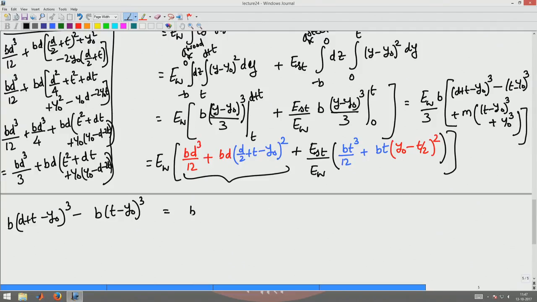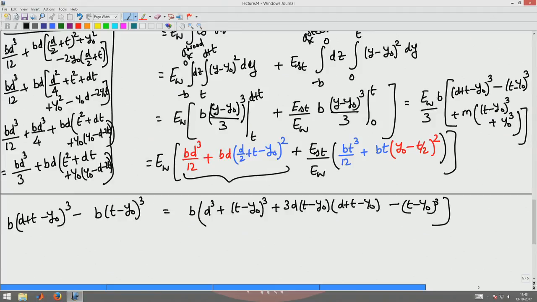This will be b into the cube of (d + t − y₀), or let me do it the other way around, it will be d³ + 3d(t − y₀)(d + t − y₀) plus (t − y₀)³, minus (t − y₀)³.